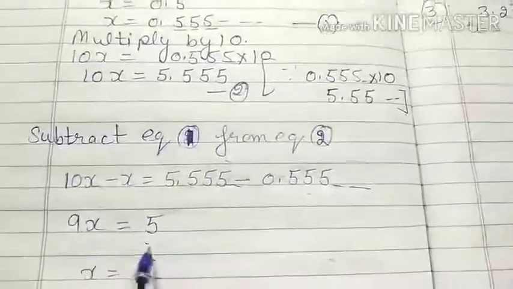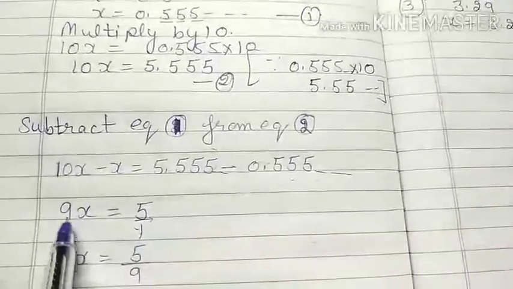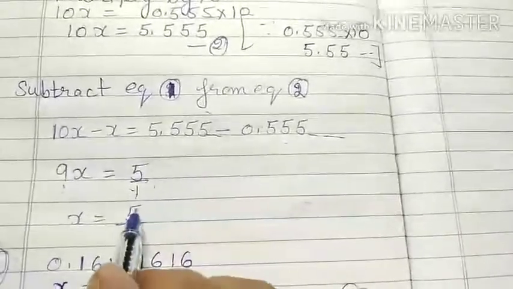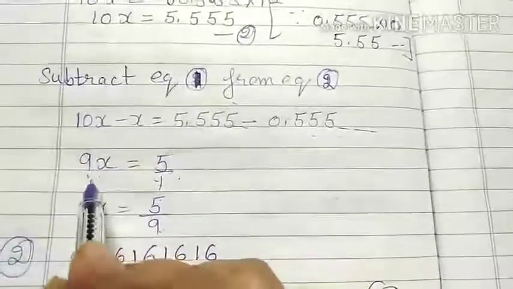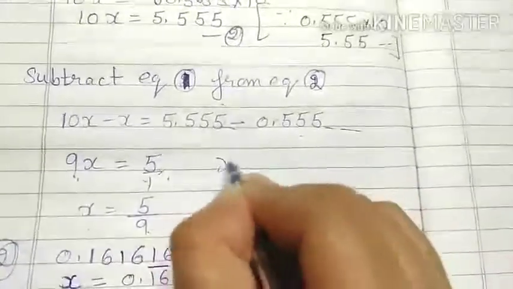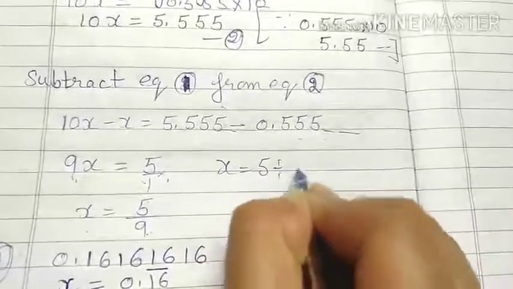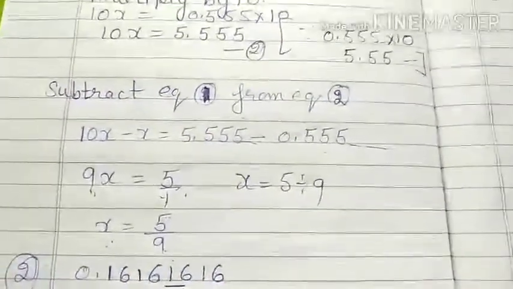Now cross multiply, because there is a 1 under it. When 9 goes to the other side, it changes into division, so x is equal to 5 divided by 9.